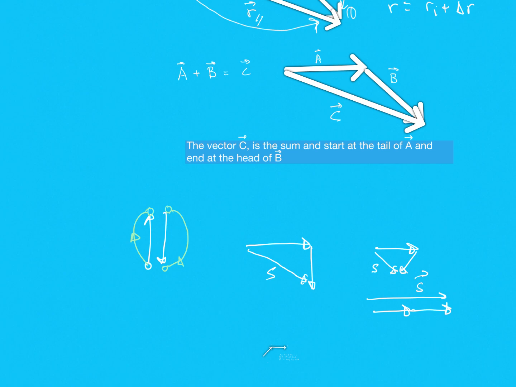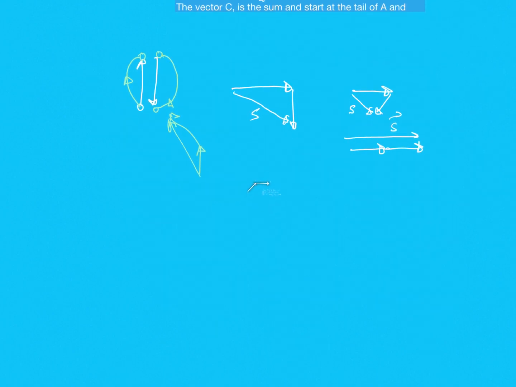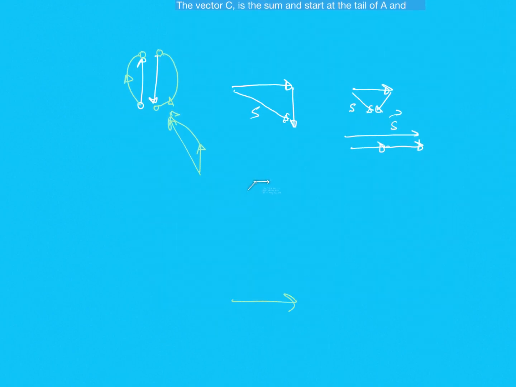So you can play with the sum. The sum of these two vectors is this vector. For example, what is the sum of this plus this plus this plus this? The sum should be 0.